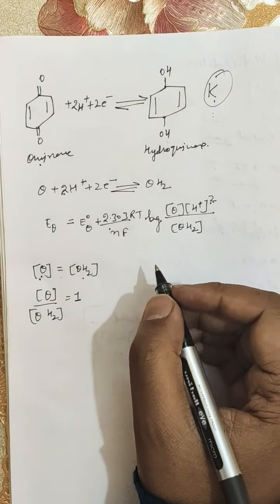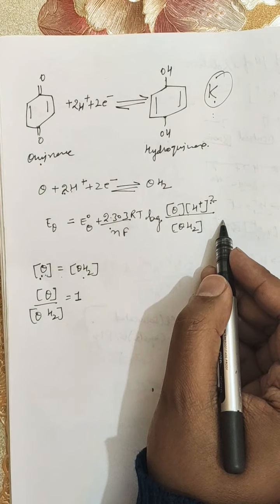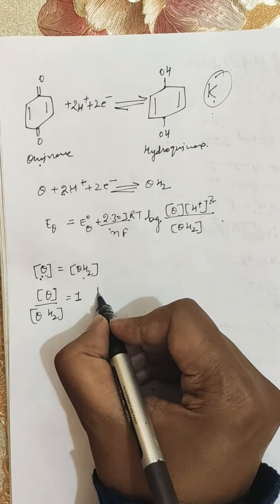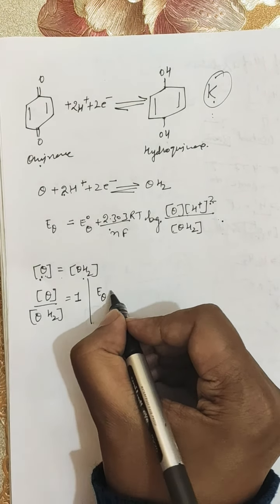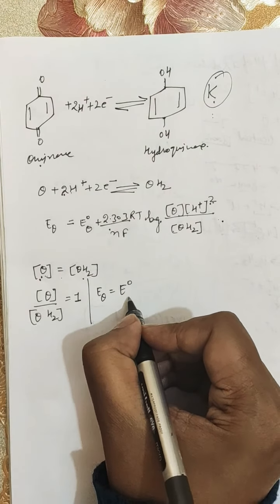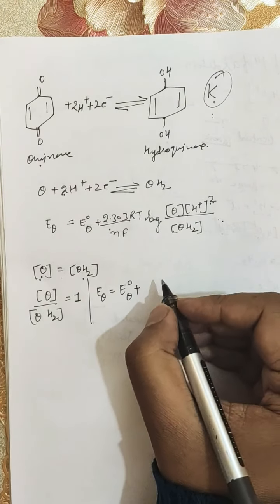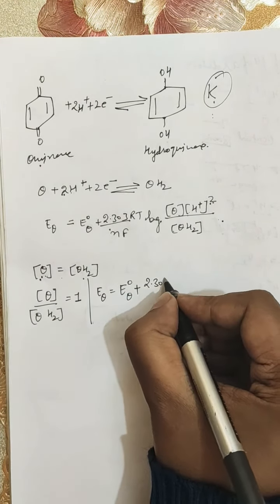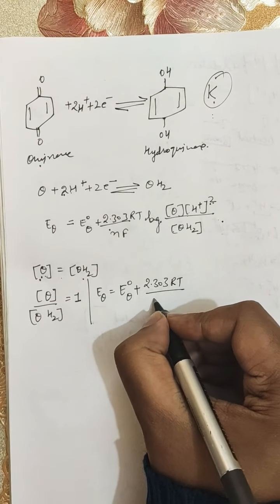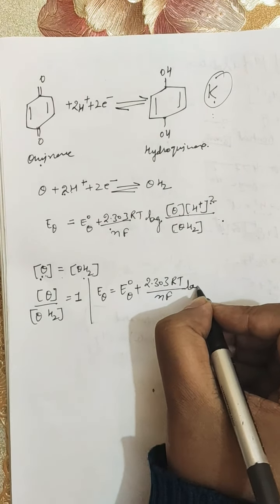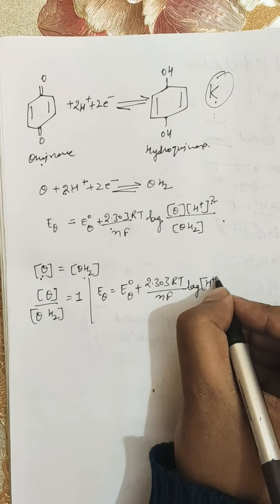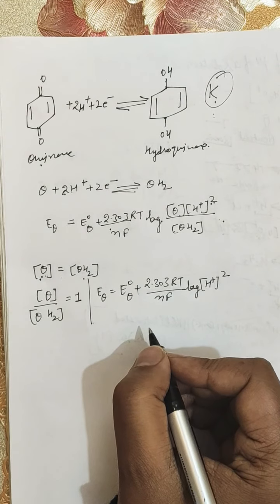So the above equation becomes EQ is equal to E naught Q plus 2.303 RT/NF log of H positive raised to power 2.